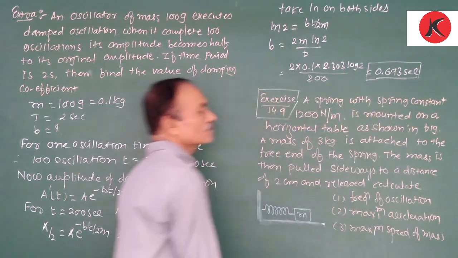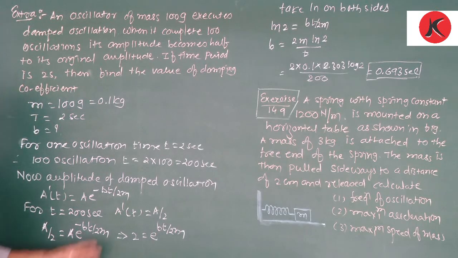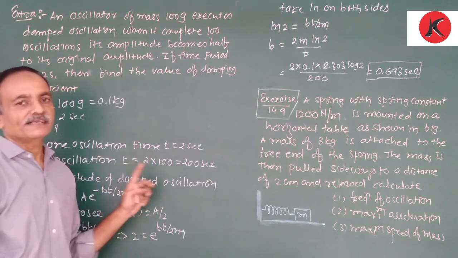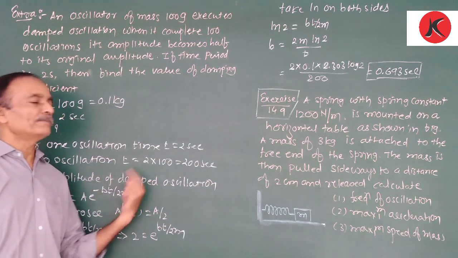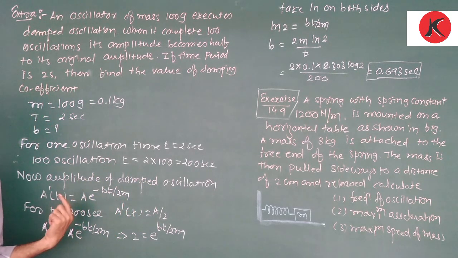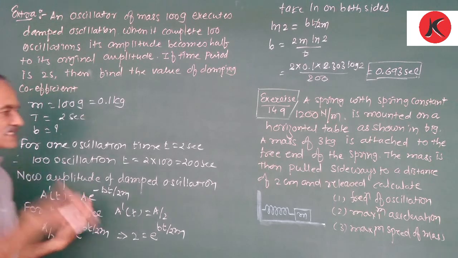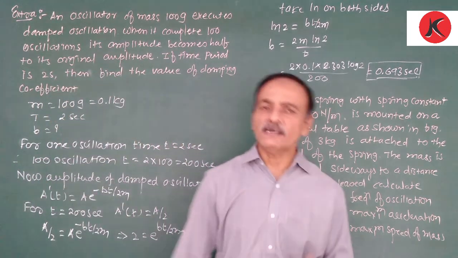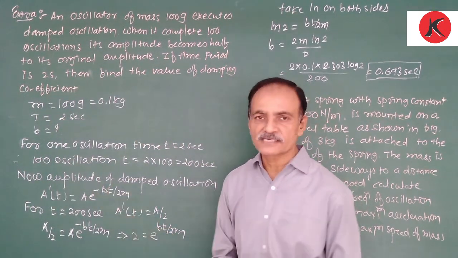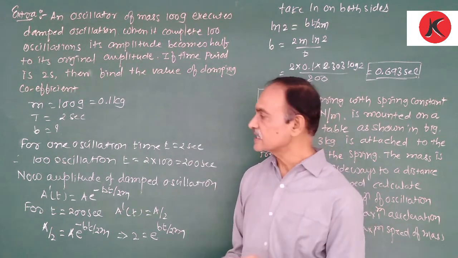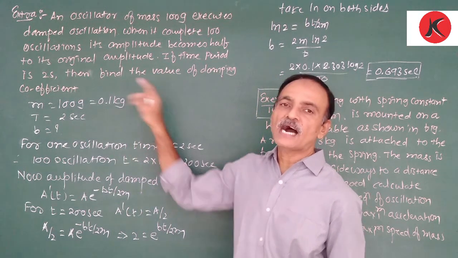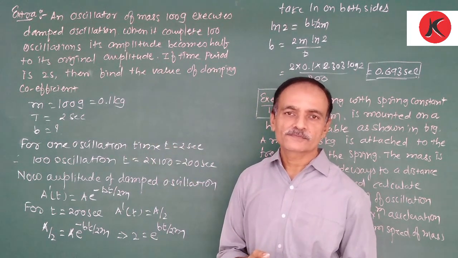So it is a very easy numerical, but here it is not directly asked to find the time for the amplitude to become half of its initial value. Instead, it is quite different. Here we have to find the damping coefficient after 100 oscillations, because after 100 oscillations the amplitude becomes half of its original value.